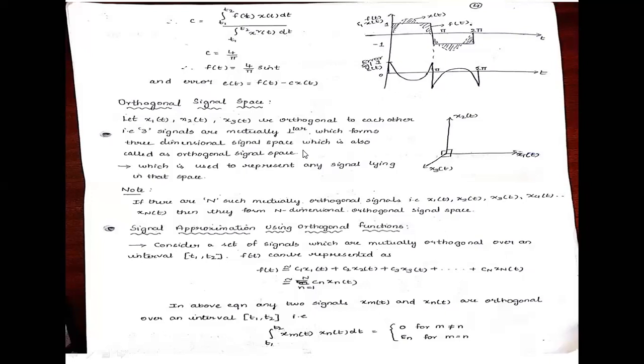If we take another signal also, x4 of t, when comparing two signals, my dear students, again if the angle is 90 degrees, then we can say it is an orthogonal signal space.